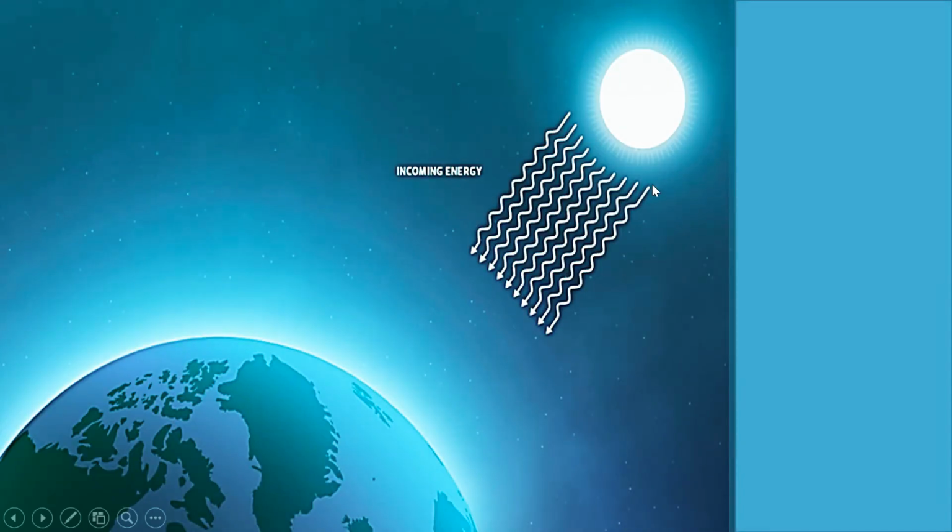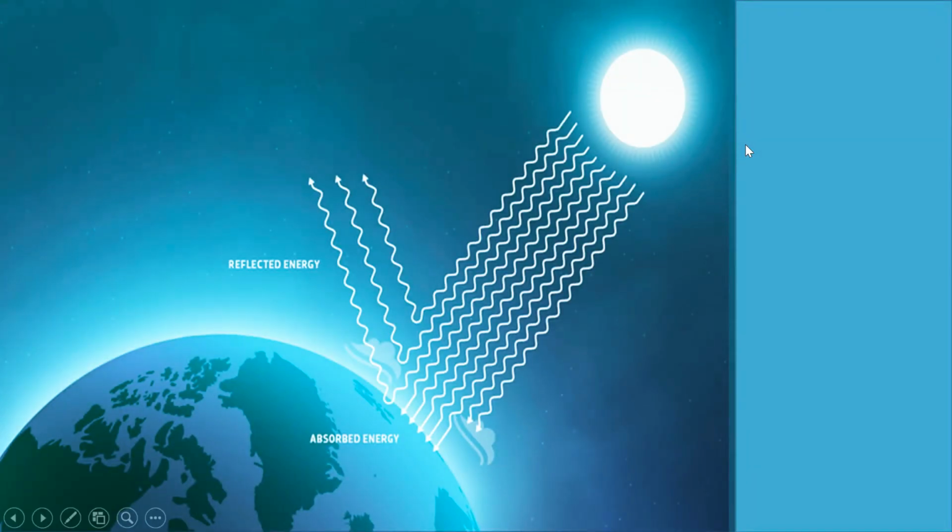Okay, now if there will be incoming energy from the sun, naturally it is reflected by the ozone layer here. Some energy may not pass through, and some energy might be reflected.